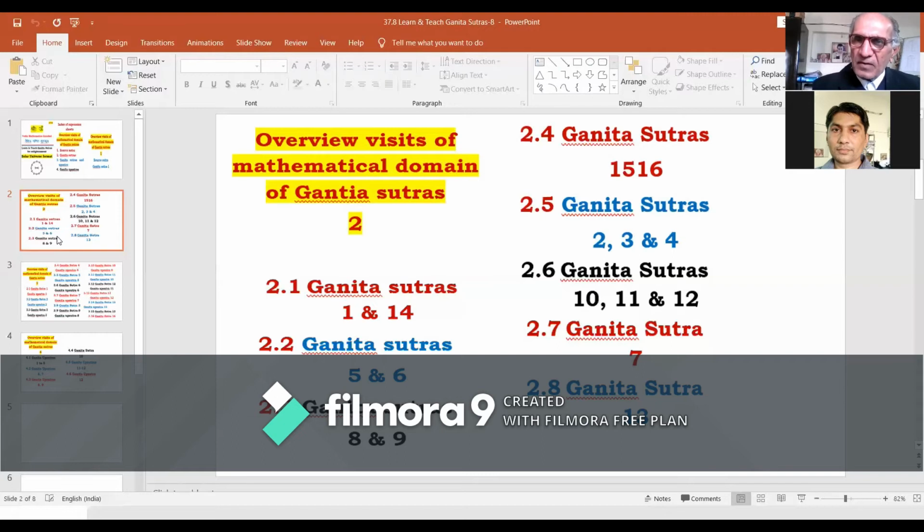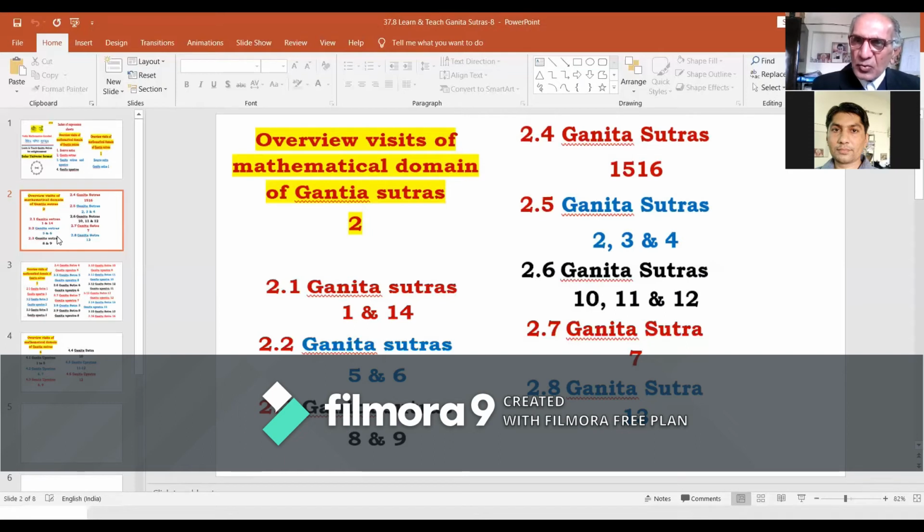The fifth step of overview of the mathematical domain of Ganita Sutras comes to be a set of three sutras, namely Sutra 2, Sutra 3, and Sutra 4. These triple sutras, as such, are working out the gap transition between the linear order of Ganita Sutra 1 and zero order of Ganita Sutra 5 and 6.